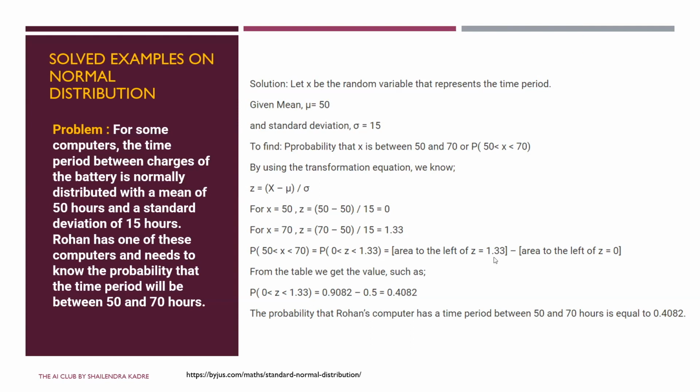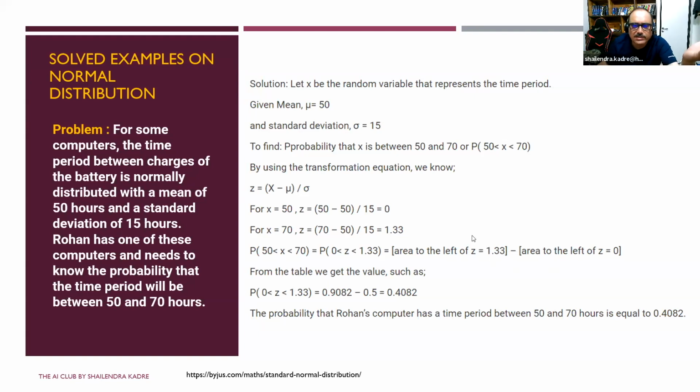I don't have the Z table here, but if you search the internet for Z table for normal distribution, you will get Z tables for free. From there you can find, for that Z, what the cumulative probability is. So it is coming 0.9082.